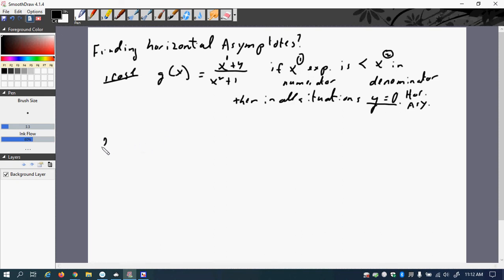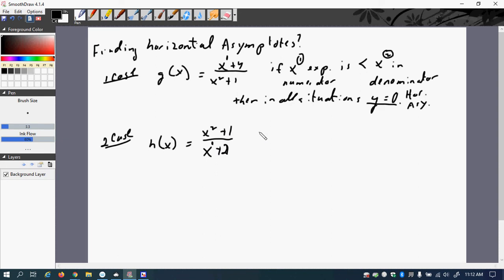If you look at case 2, say we had a different equation like h of x equal to x squared plus 1 over x plus, let's say, 2.